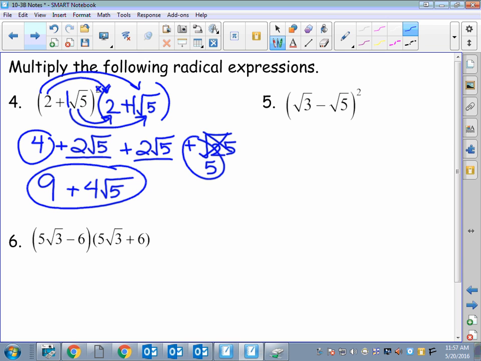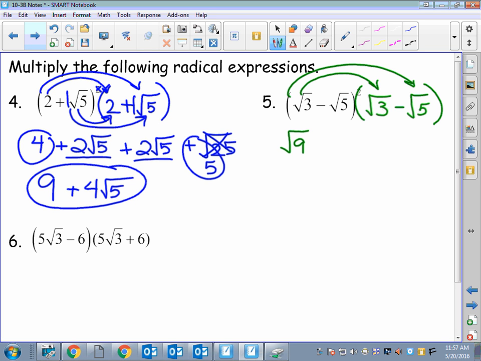Number 5, a little bit of the same thing, but this time both numbers are radicals inside. So when we expand this out, we're going to rewrite it as the square root of 3 minus the square root of 5 times the square root of 3 minus the square root of 5. First term, square root of 3 times square root of 3, square root of 9. Outside terms, a positive square root of 3 and a negative square root of 5 makes a negative square root of 15.